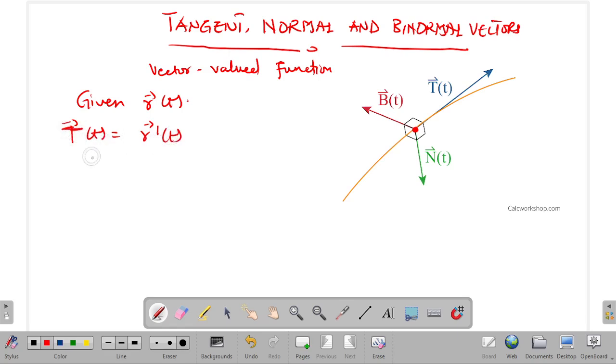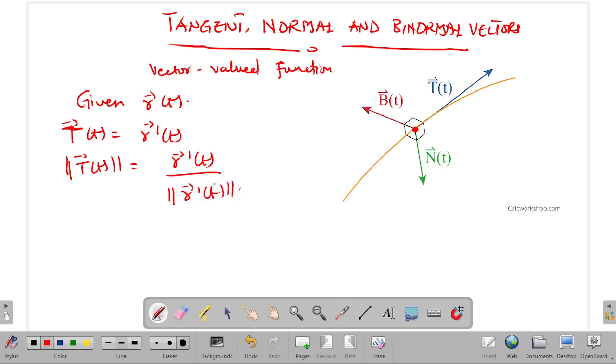Now, I said we need the unit tangent vector. So for the unit tangent vector, we simply have to find the absolute of our tangent vector, and that is given as r prime of t over the length, or magnitude, of r prime of t.